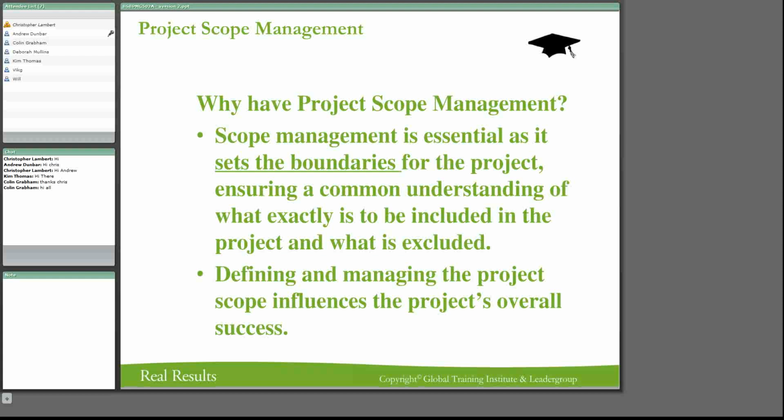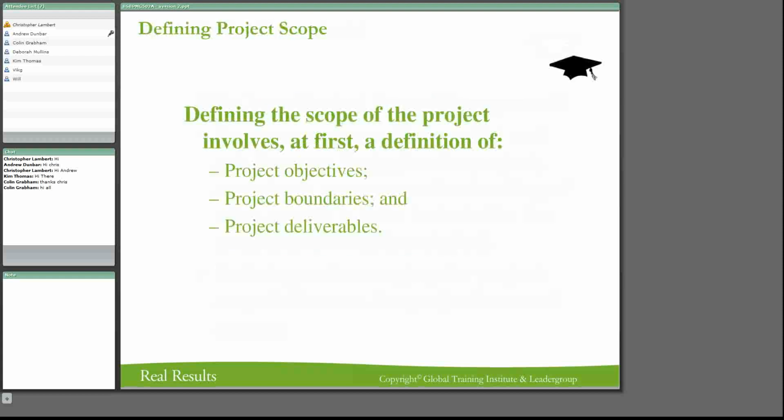We're on to the next slide then, and that is defining the scope of the project, which involves at first a definition of the project objectives, the project boundaries, and the project deliverables. So what are the project objectives?